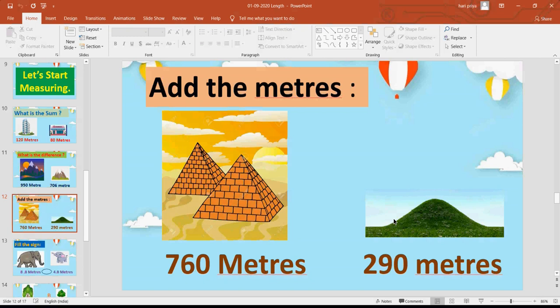Drop 5 down and 1 as carryover, and 7 plus 2 is 9. Already we have 1 in carryover, so it's 10. So what is the answer? Yes, I can see many messages. Your answers are right. Sai Srinikesh, you can check your answer once again. And the right answer is 1050.